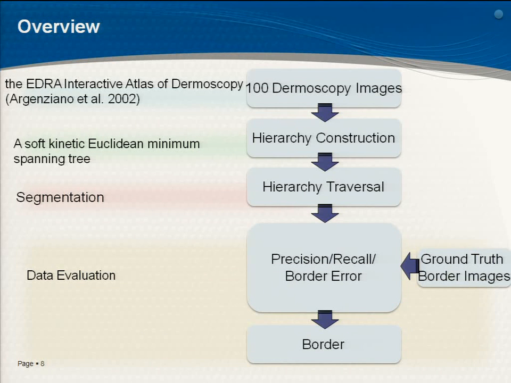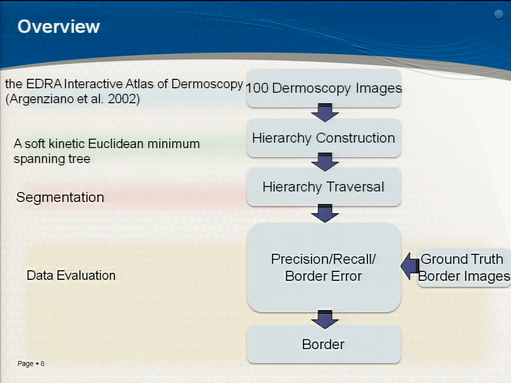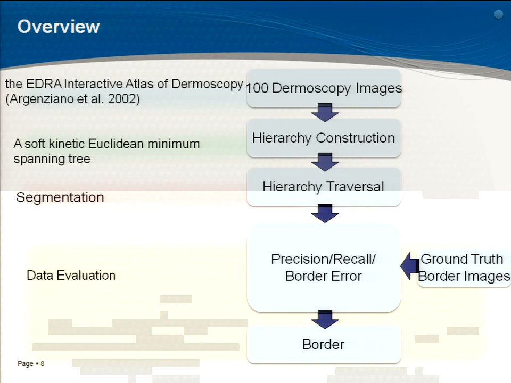So what we do, if we overview, we have a sample data set of 100 dermoscopy images, with ground truth images as well. These are drawn by a dermatologist. We get our image, create our hierarchy, the kinetic Euclidean minimum tree.